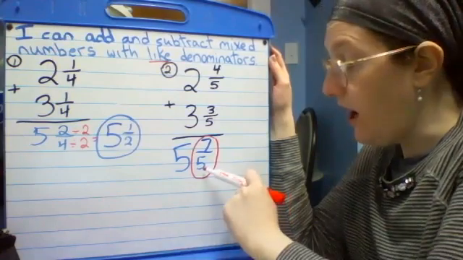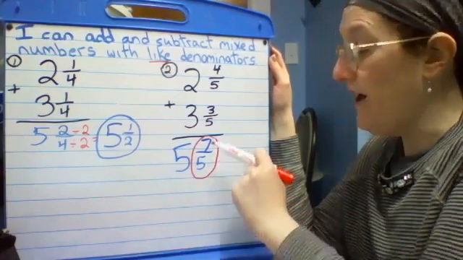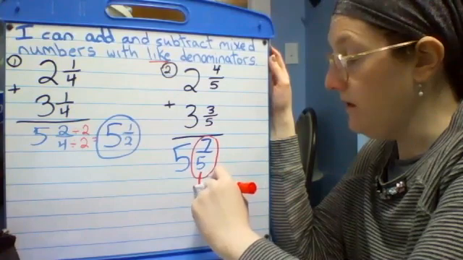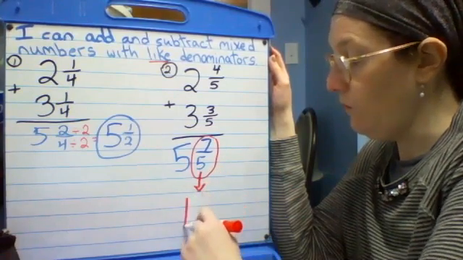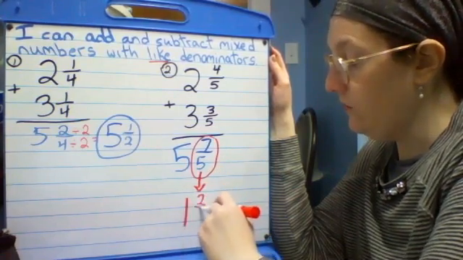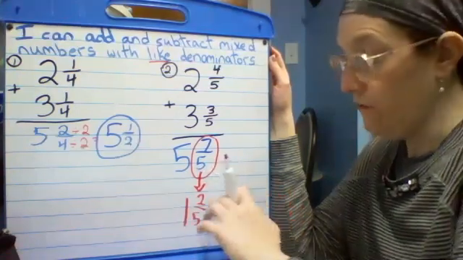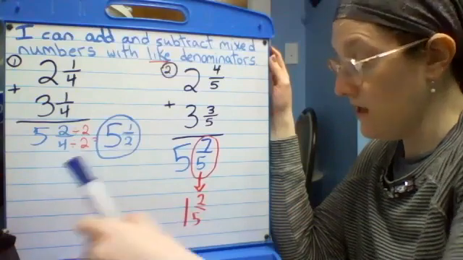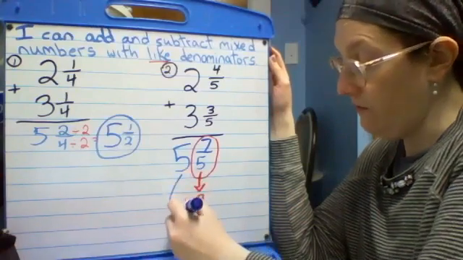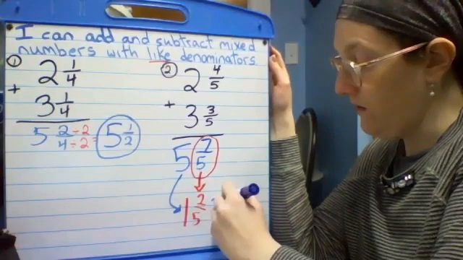We know that 5 pieces make the whole. So if I have 7/5, that means 5/5 is the same as 1 whole and 2/5. So if 7/5 is 1 whole and 2/5, plus I already had the 5 wholes before, we're going to put it all together.